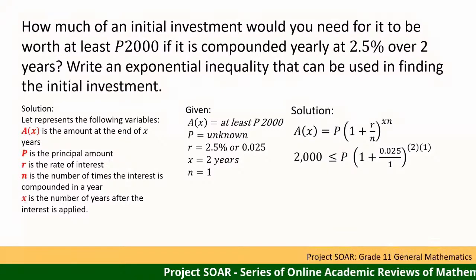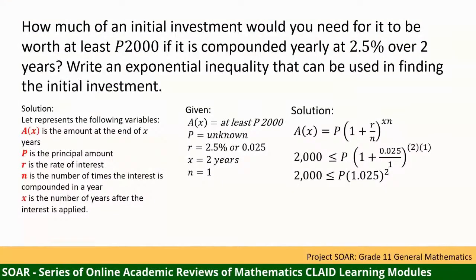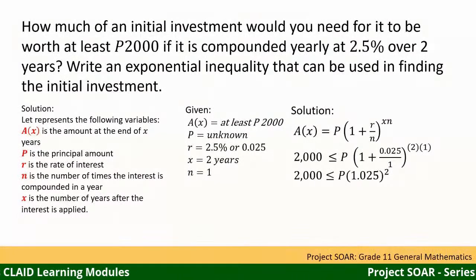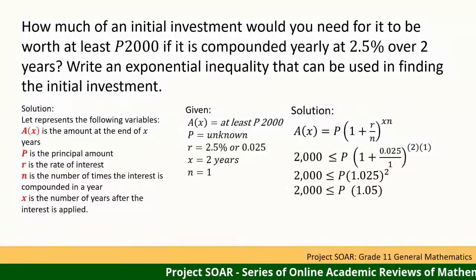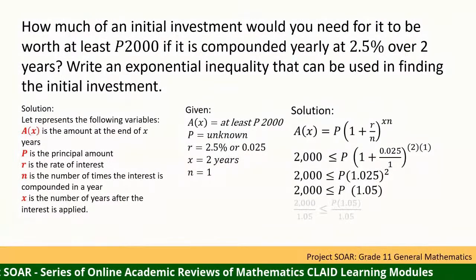2 times 1. Okay, we have 2,000 is less than or equal to principal times 1.025 raised to 2. So 2,000 is less than or equal to P times 1.05.